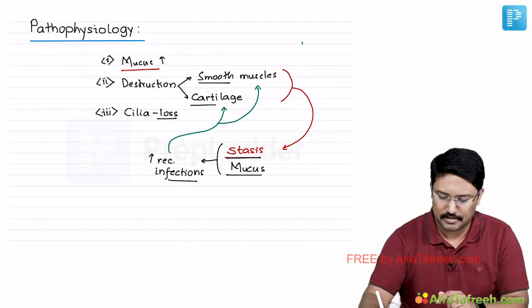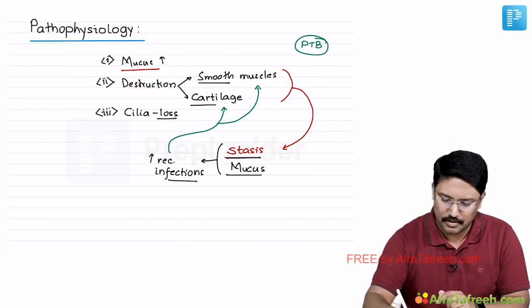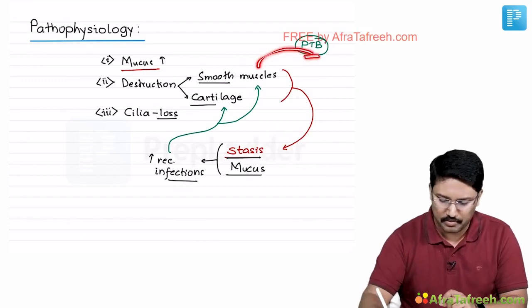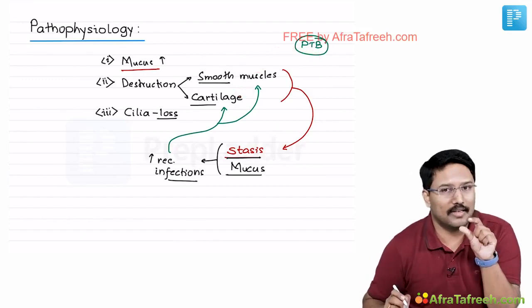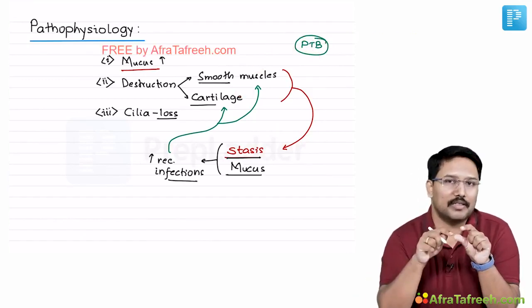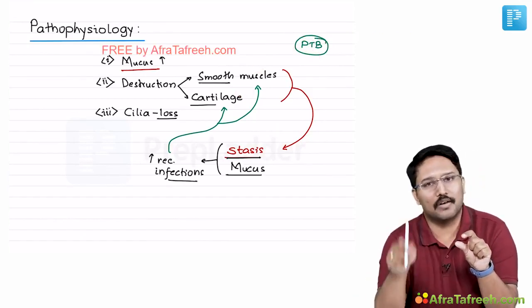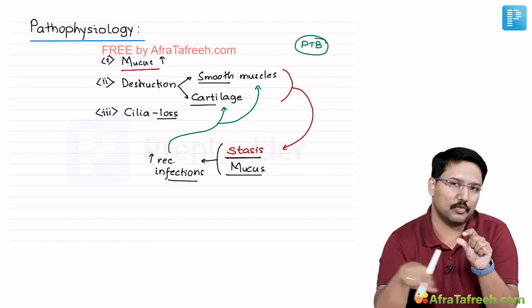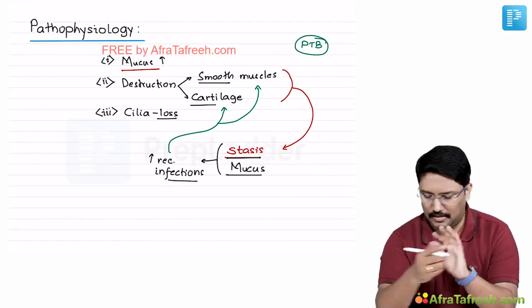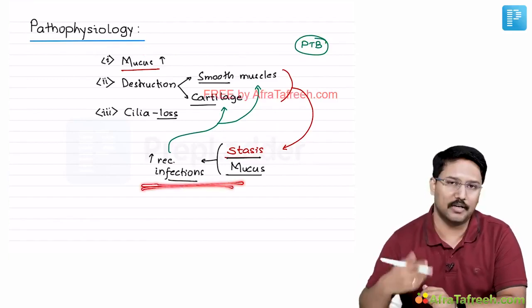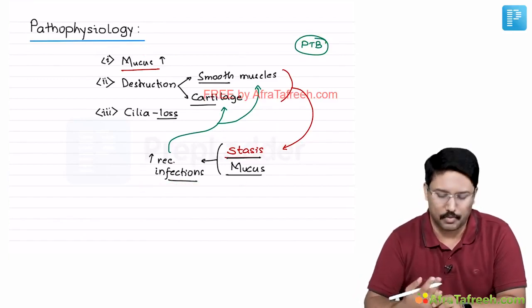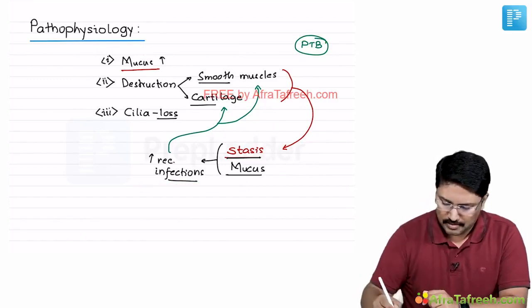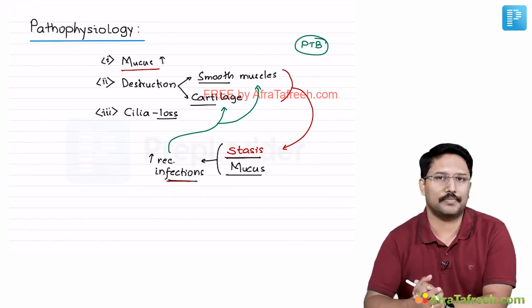For example, if I take the example of pulmonary tuberculosis, the PTB was responsible for destruction of smooth muscles and cartilage, but now the dilated bronchi is becoming a site of infection, and the infection is causing further destruction of the smooth muscles and cartilage. So the patient is now in a vicious cycle, and that's exactly why reversibility becomes impossible in patients with bronchiectasis. Okay, so that's the basic pathophysiology.